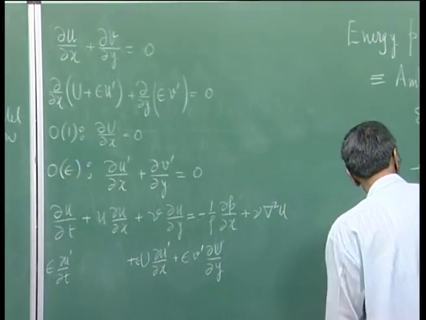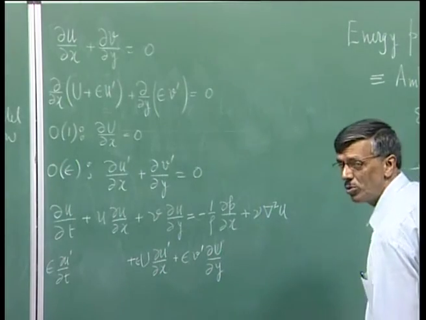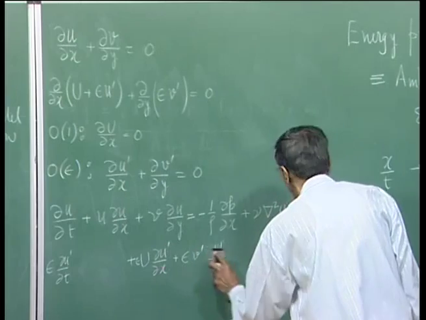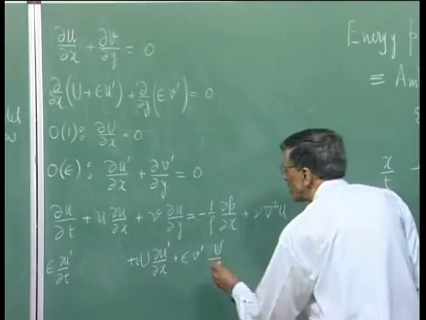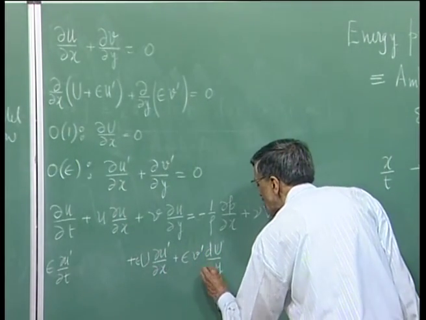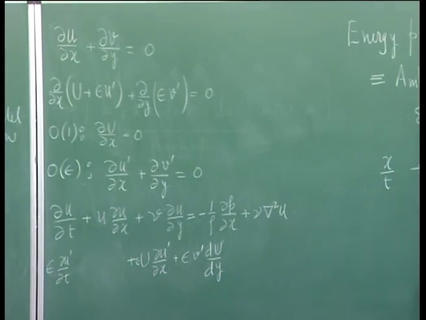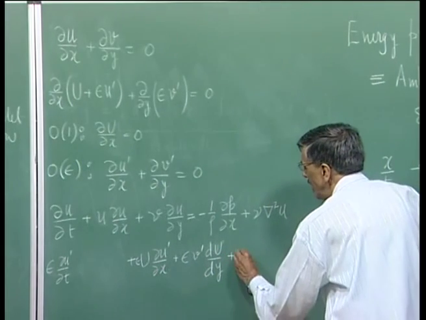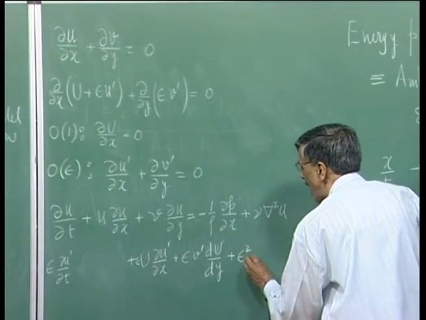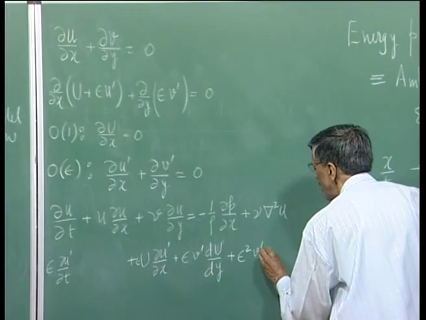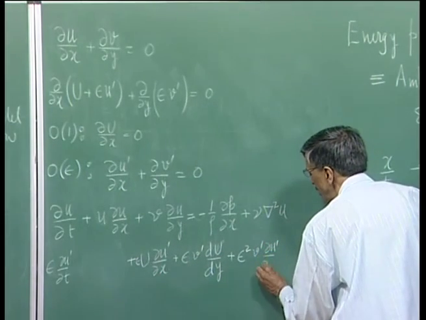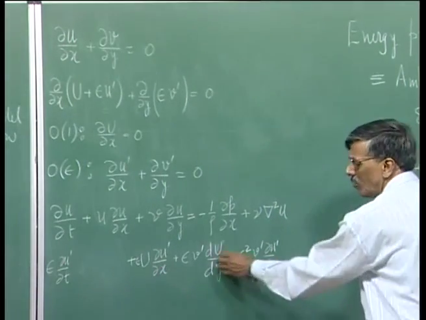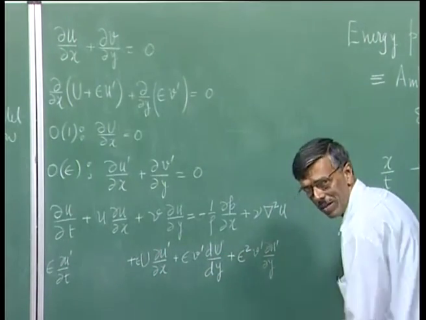In fact, since you have assumed u to be a function of y only, you don't even need to write this as a partial derivative. You just simply write it as the ordinary derivative. What about additional terms? There is an additional term epsilon square, that is v prime del u prime del y, right? So we have written it up to whatever is there.